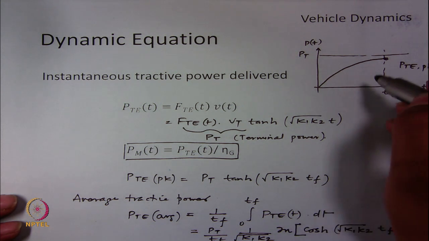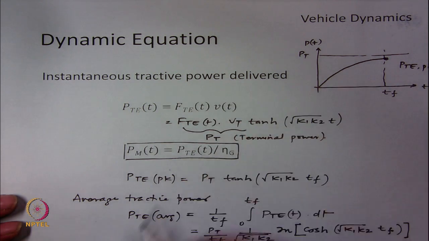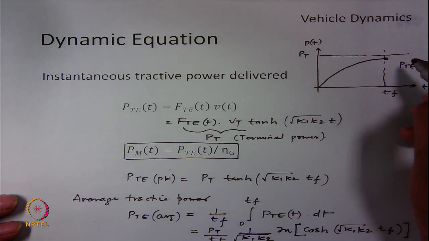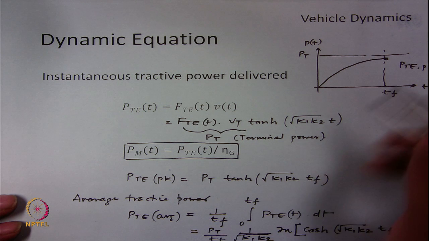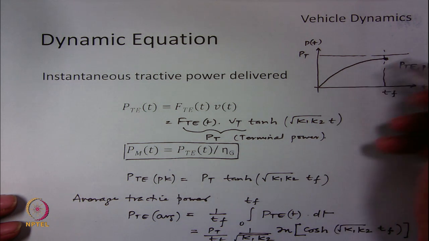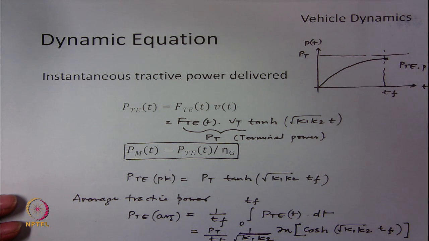The instantaneous power equation is very important, but for energy calculations we need to find the average power that is required by the vehicle when it is operating from 0 rpm to the required rpm. So, it is always a good idea to calculate the average tractive power that is required.